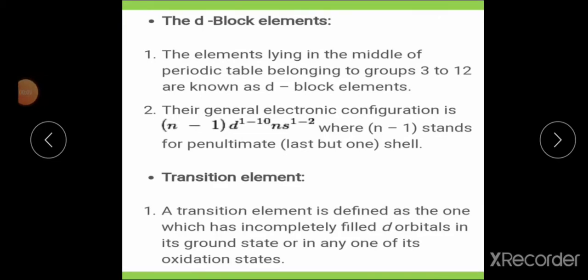The elements with (n-1)d10 electronic configuration are not strictly transition elements because they do not have unpaired electrons in d orbitals. However, their chemical behavior is similar to that of transition elements, hence they are considered as transition elements. The examples are zinc, cadmium, mercury and copernicium.